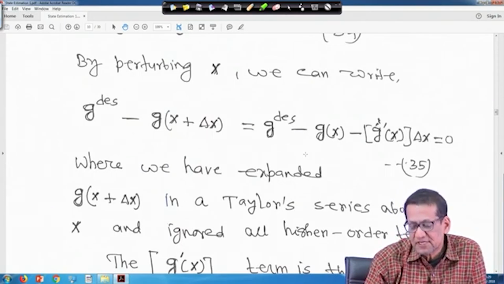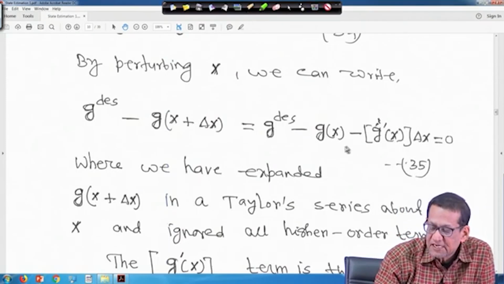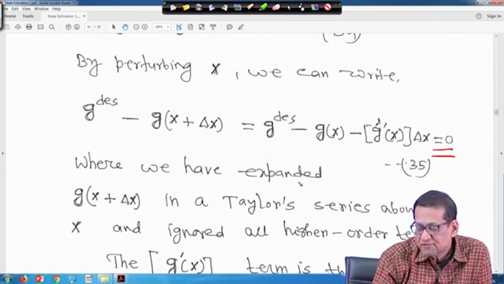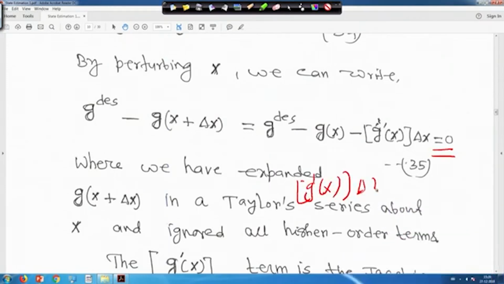Therefore, g dash(x) delta x is equal to g desired minus g(x), and delta x will be g dash(x) inverse times g desired minus g(x).